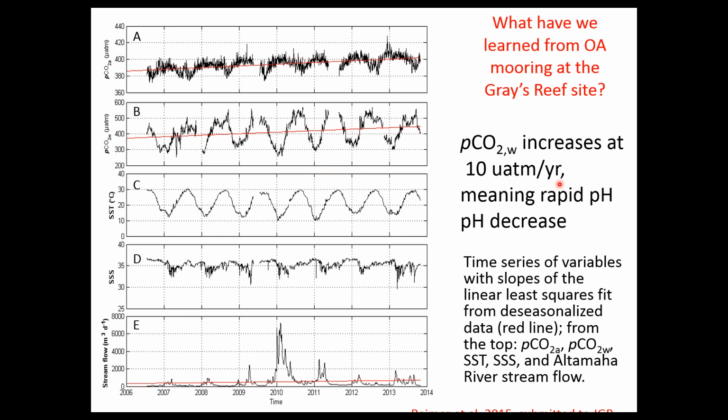And if you know that the anthropogenic CO2 increase in the atmosphere is only about 2 ppm, it should lead to about 2 microatmospheres increase per year. But from the current analysis of this data, we got 4 to 5 times higher CO2 increase, which means a much more rapid pH decrease than you would expect from just responding to atmospheric CO2.